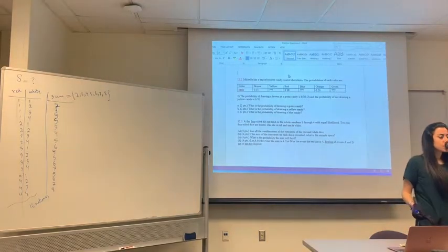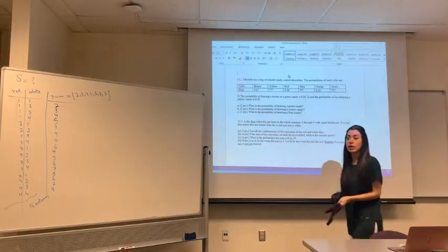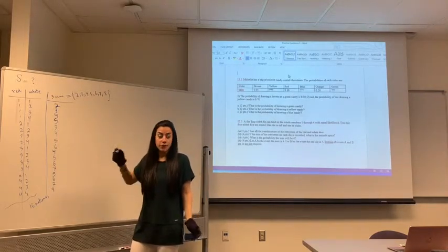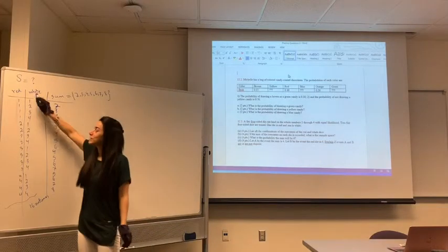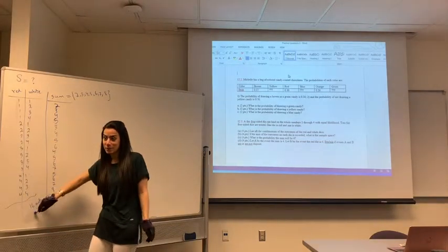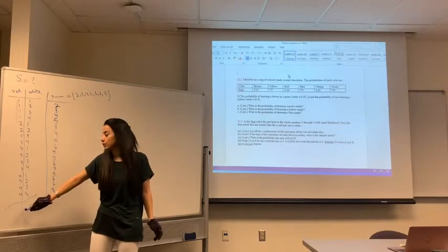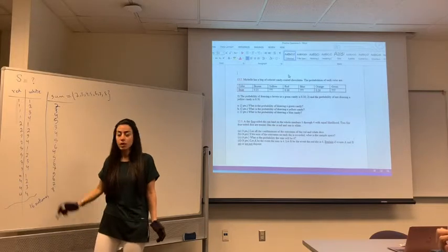Correct? Okay, so one thing to keep in mind, please. If you find any probability, you should use this one as the sample space. You have 16 total outcomes, right? Use this as the sample space, not this one.